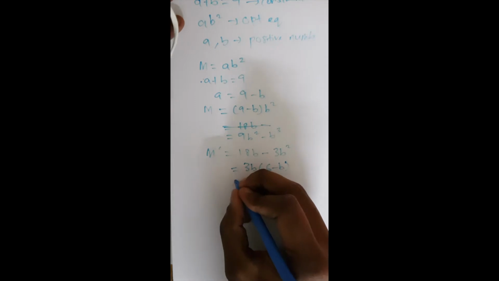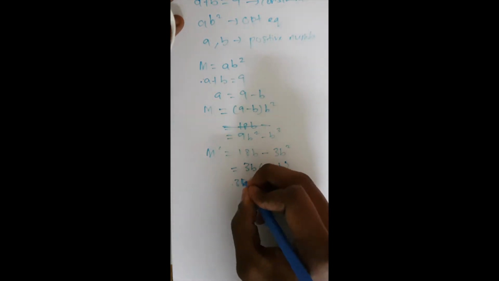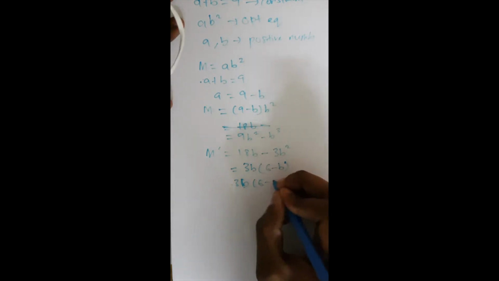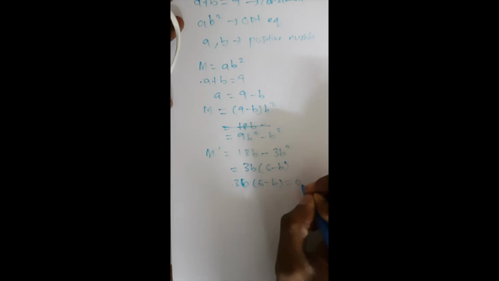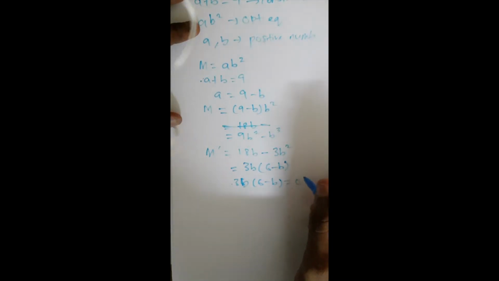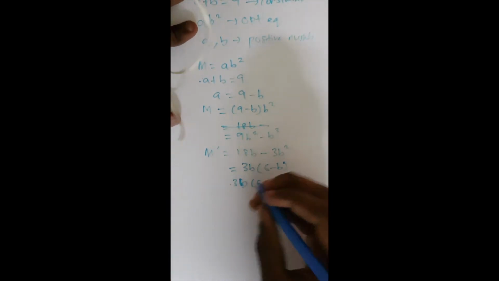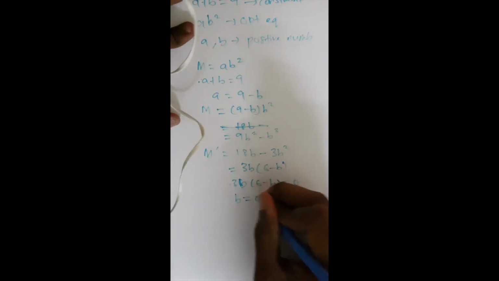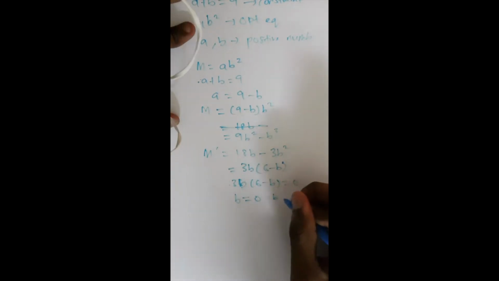Bear with my handwriting, I'm bad at handwriting. We equate that to 0 and find the critical points, which are b equals 0 and b equals 6.